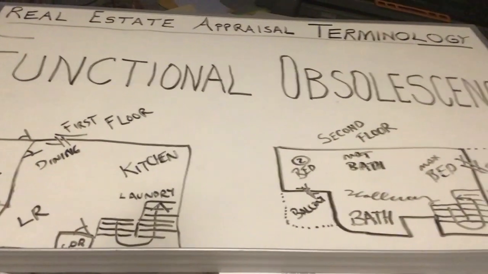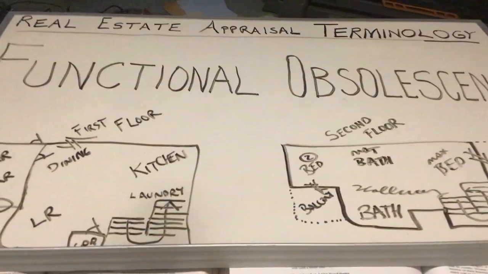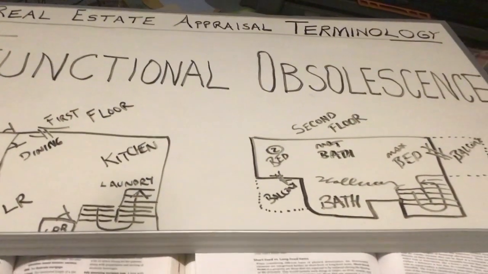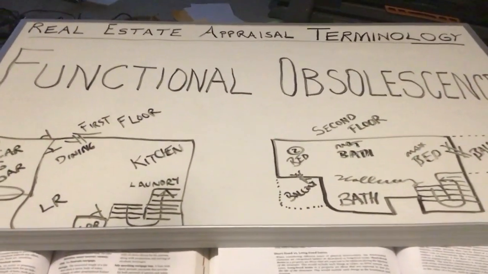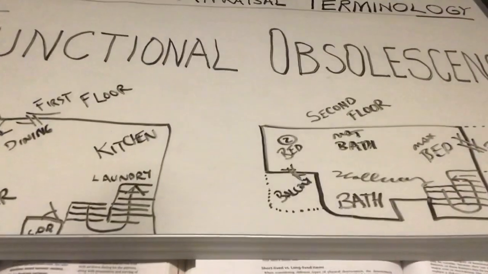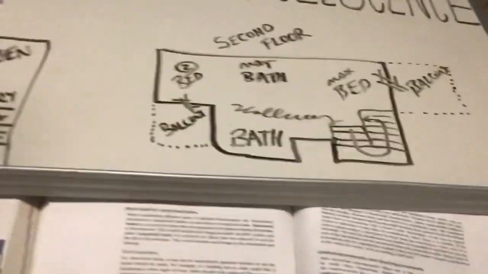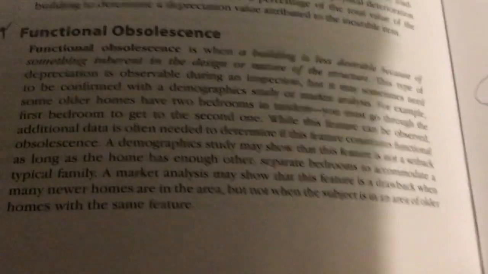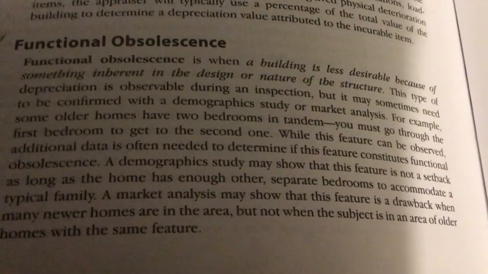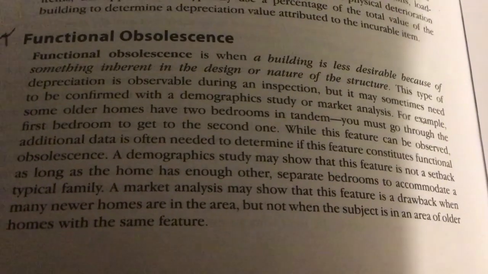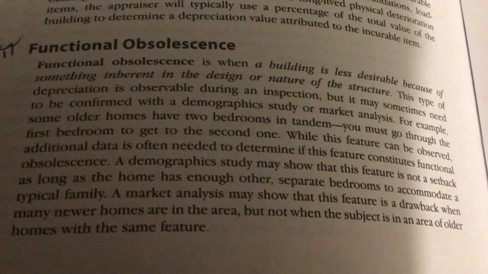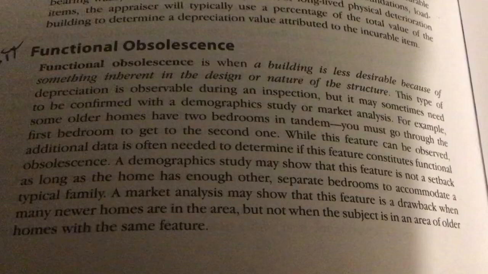There are a lot of different examples of functional obsolescence, but this was the last one I did, and I wanted to show y'all. Now that that's been said, functional obsolescence, by definition, is when a building is less desirable because of something inherent in the design or nature of the structure.